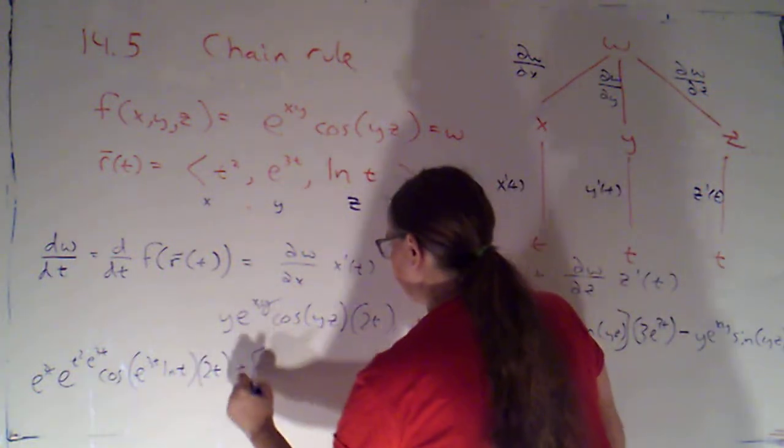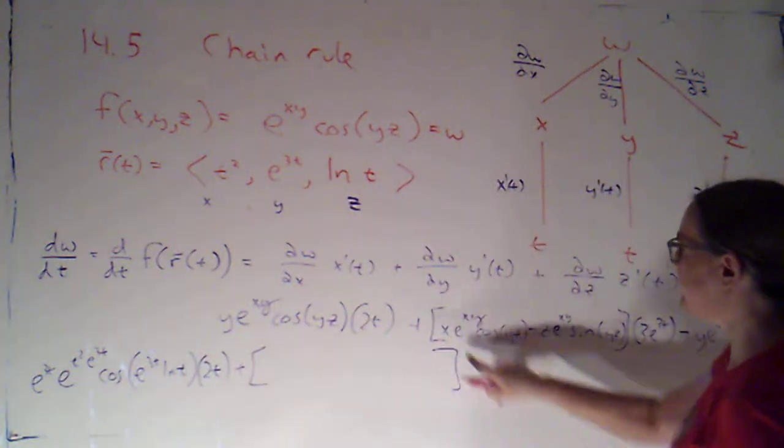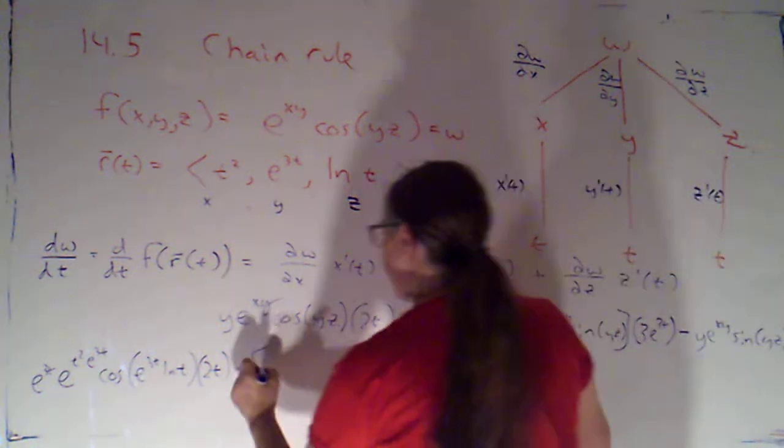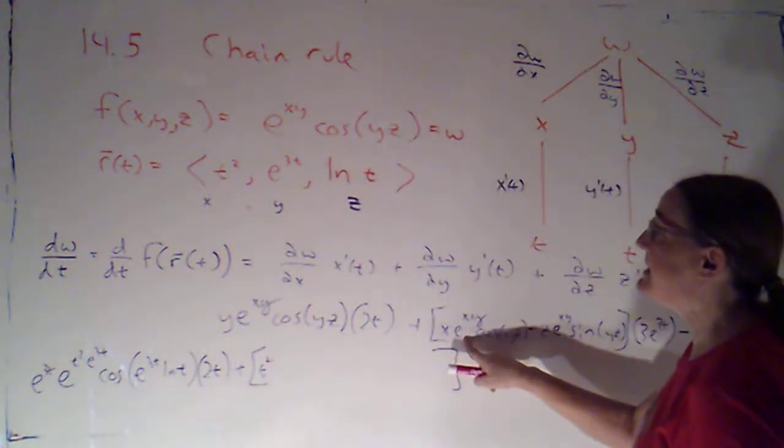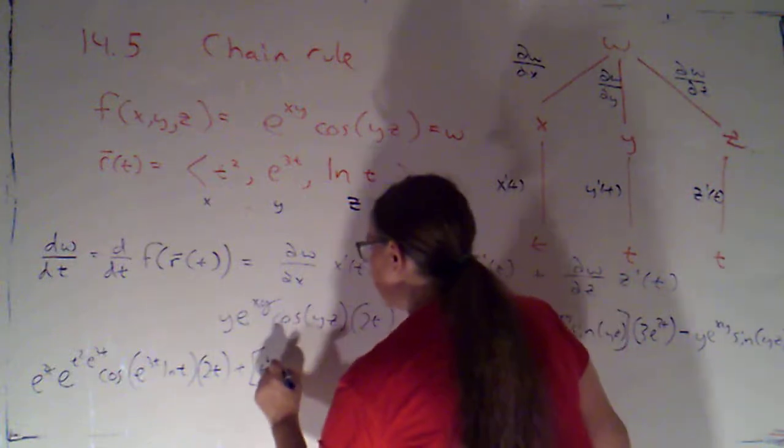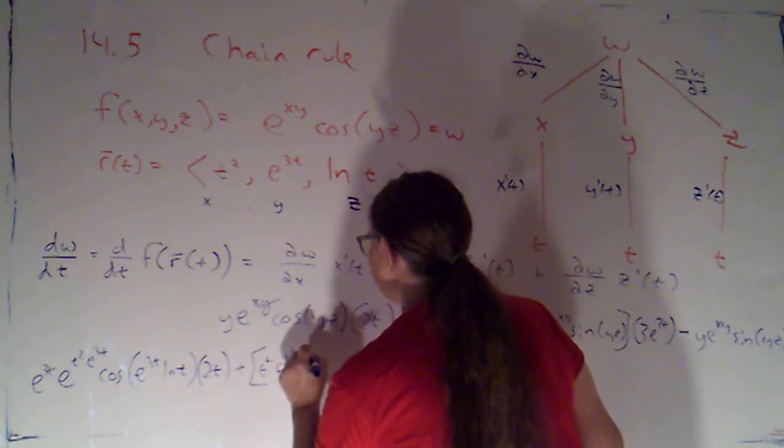plus, I'm going to keep this in brackets, x is t squared, e to the xy, we said was e to the t squared times e to the 3t.